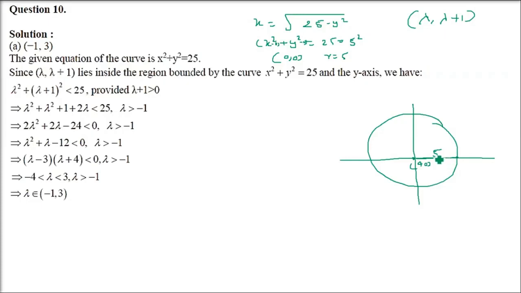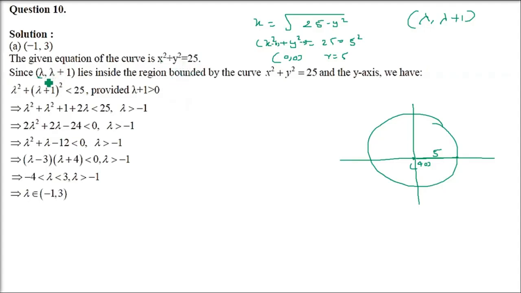Now coming to the y-axis. This is the y-axis, and we are going to take the positive x side. So for the x coordinate and y coordinate, we have lambda and lambda plus 1. One thing is clear, that x is greater than 0, so lambda plus 1 is greater than 0.